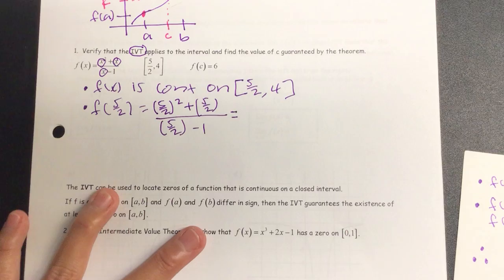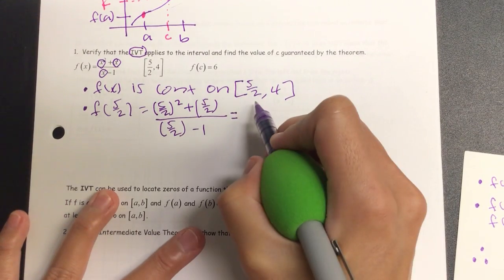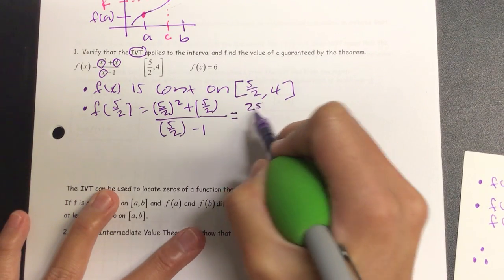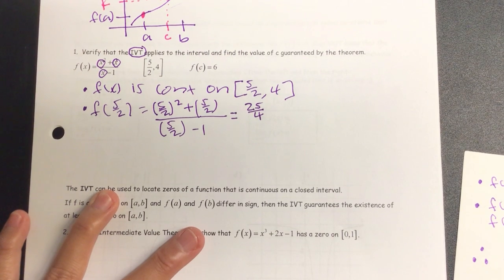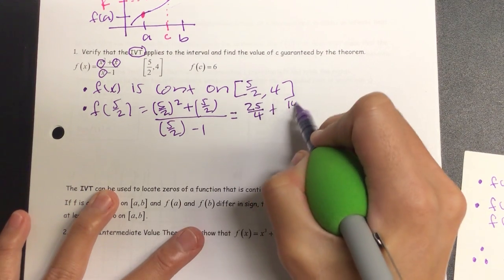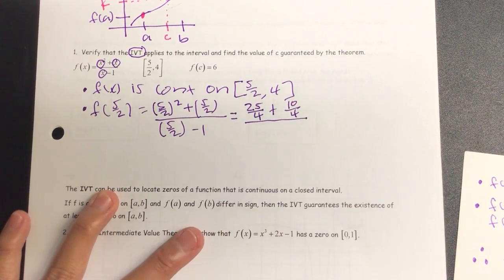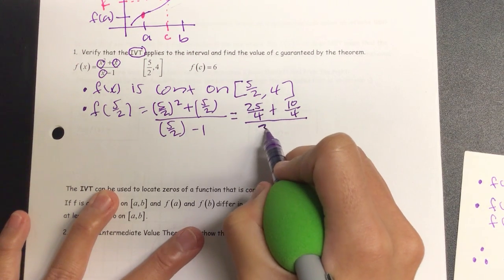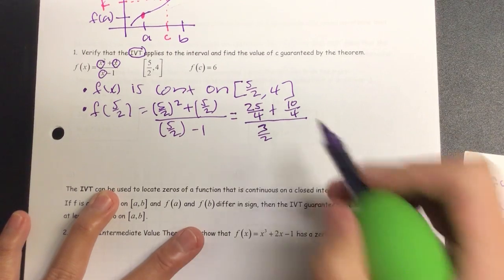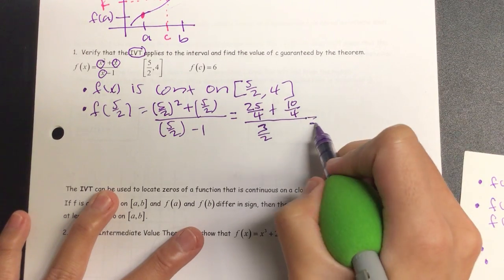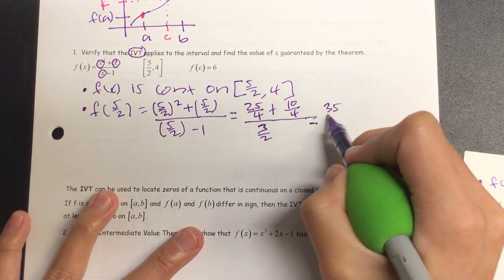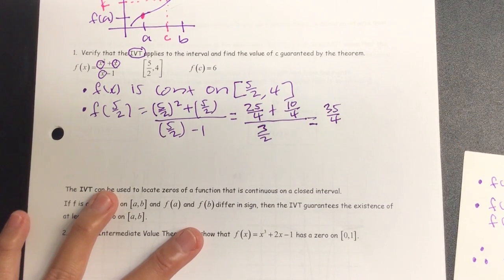If I take 5/2 all squared, it is 25 over what? 4. Over 4. Now, because I'm thinking ahead, can I go ahead and put 5/2 as 10/4? Because we need a common denominator. So we have 10/4. What is 5/2 minus 1? 3/2. Very good. So if I go ahead and combine the top, we get 35/4, but I want to do one more thing.